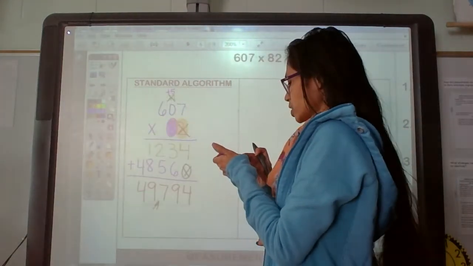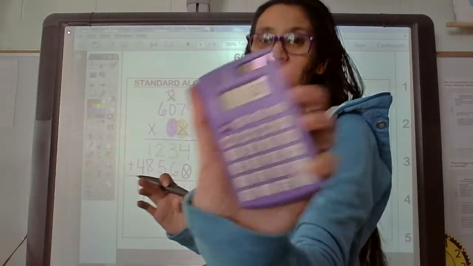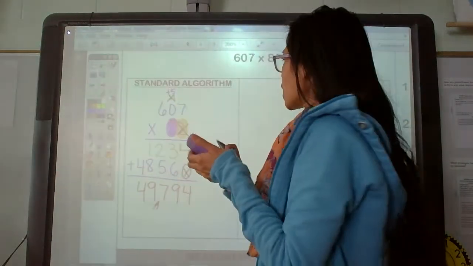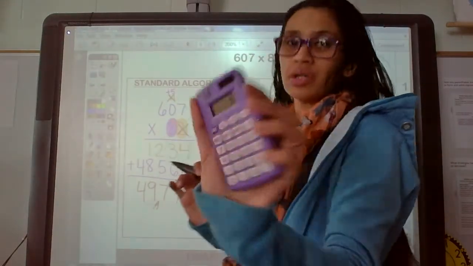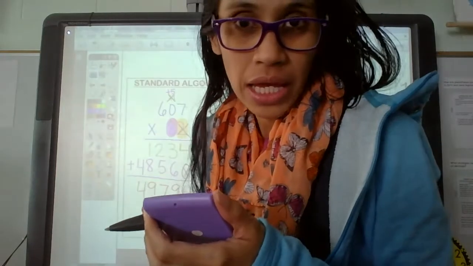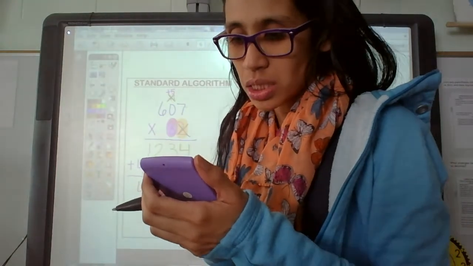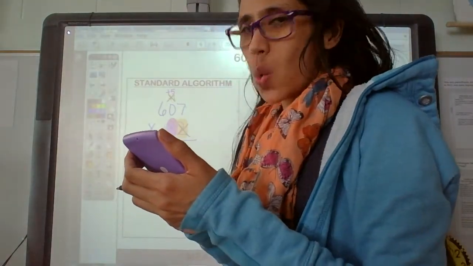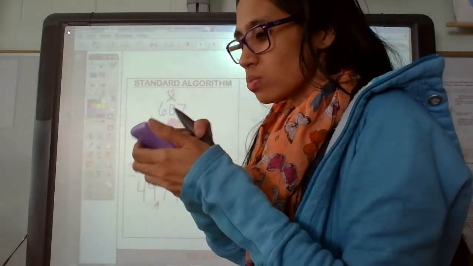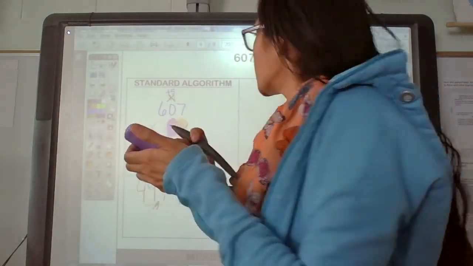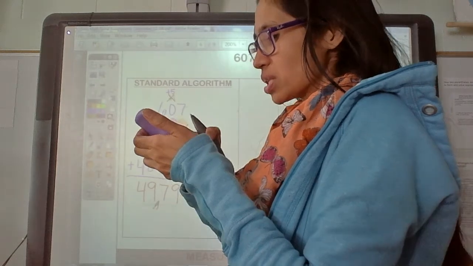Calculator, help me calculate some stuff. 607, bam, right there, times 82. Bam, right there. This better be right. What? What is going on with Miss Alana's brain?